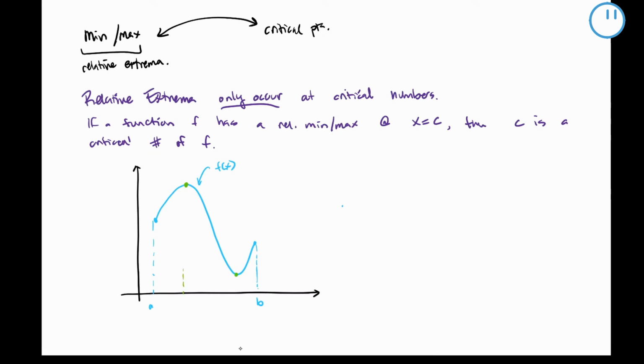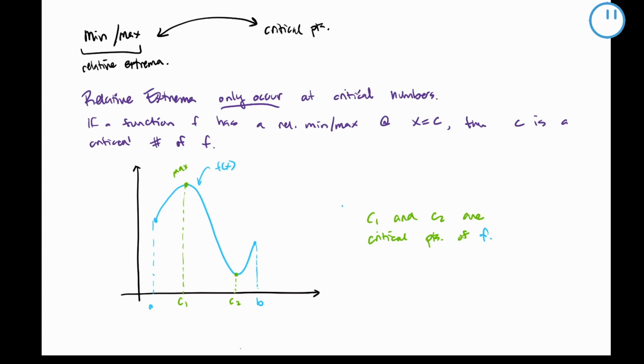And so we would say that because it has a maximum here, the corresponding x point, c1, we'll call it c1, this is a critical point. And because we have a minimum here, we'll call this c2, we would say that c1 and c2 are critical points of our function f.